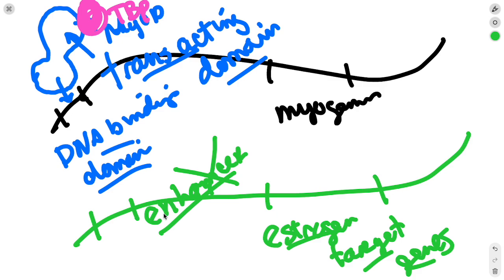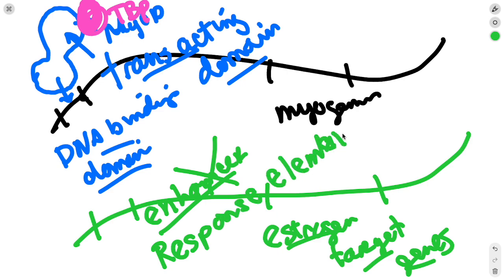So what these people like to call the enhancer, and we can learn this term just for this, is a response element. And you won't hear that in other courses. You won't even hear it that much in this course. People like to just say enhancer. But when we get to estrogen receptor, we're like, hey, hold on, because it both represses and activates.